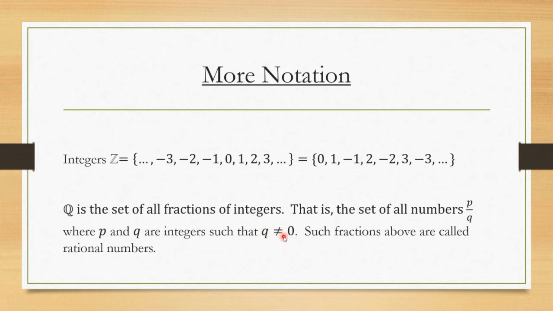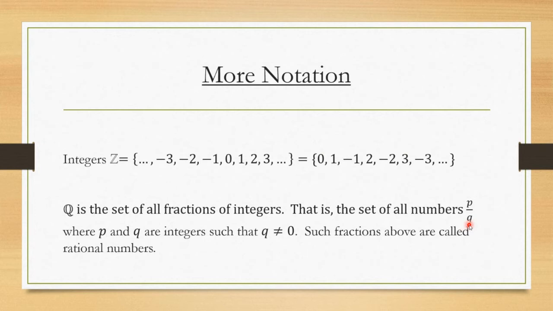So P and Q are integers, but Q cannot be 0. You never divide by 0. And that's what the set of rational numbers is. And you could consider the decimal expansion of these numbers. We're not going to cover that for time consideration.